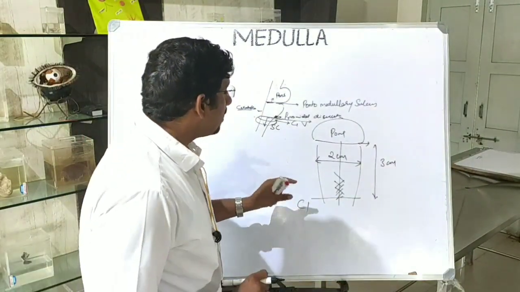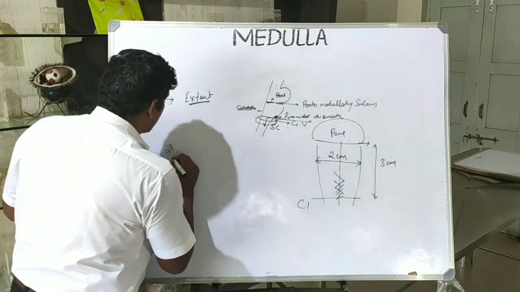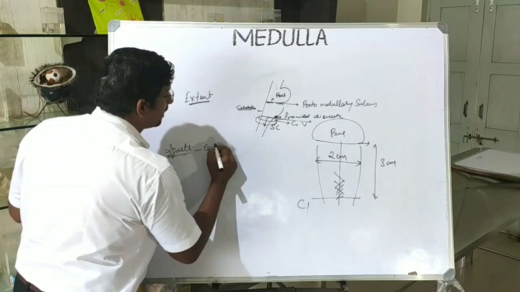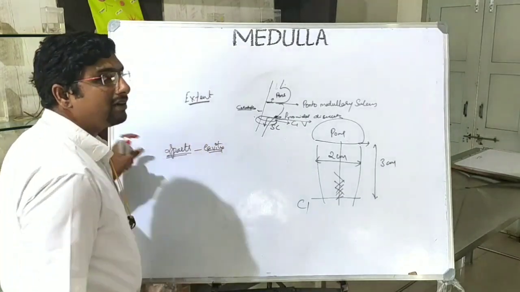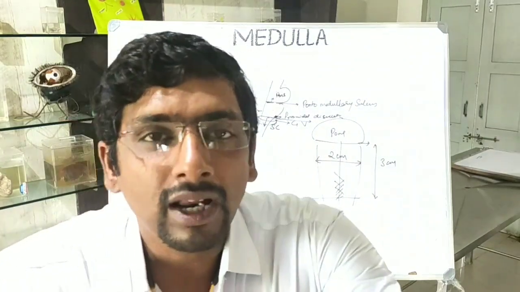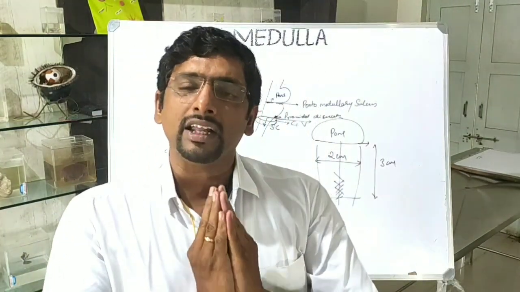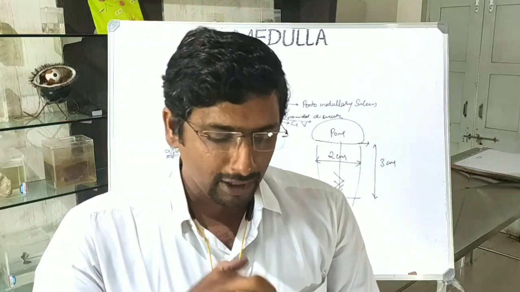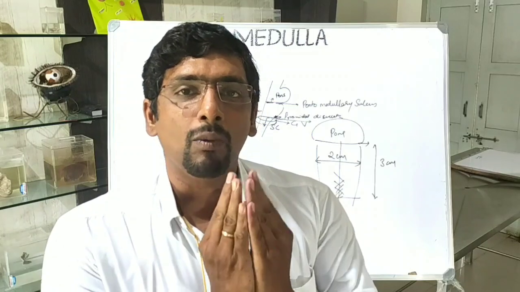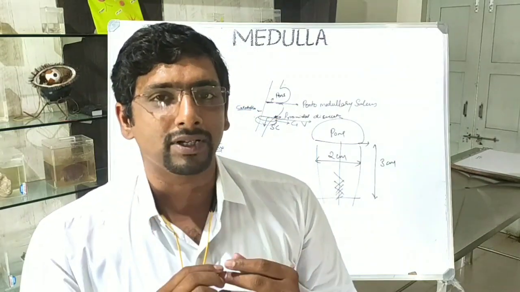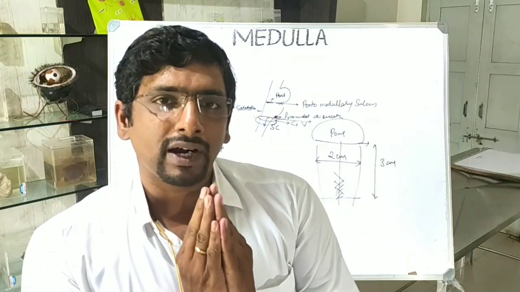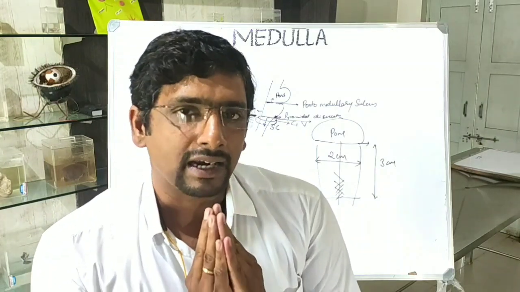The medulla is divided into two parts because of the cavity present inside. The medulla is just a continuation of the spinal cord, and in the spinal cord centrally there is a central canal. This central canal opens between the medulla and the pons, right? So the lower part of the medulla is the closed part where the central canal is present.